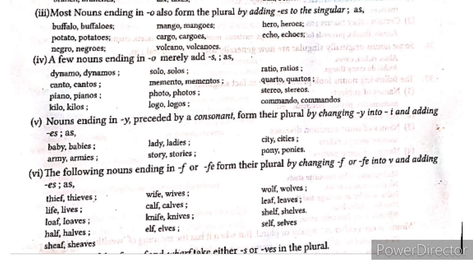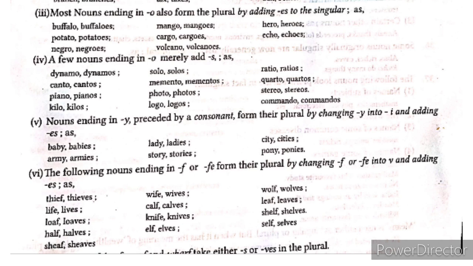Now the fourth rule. There are certain exceptions to those nouns which are ending with o. Like I told you, there are nouns ending with o where we add es. But there are certain exceptions. For example, kilo.